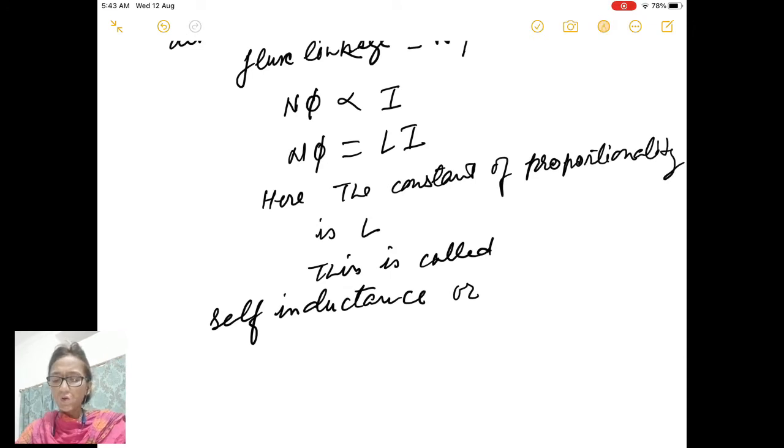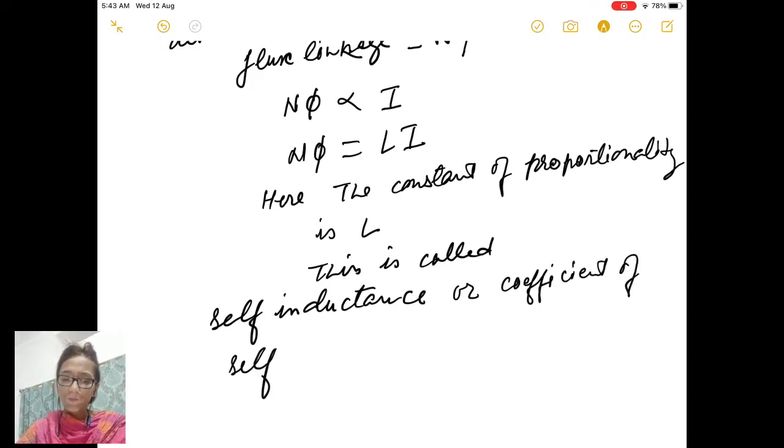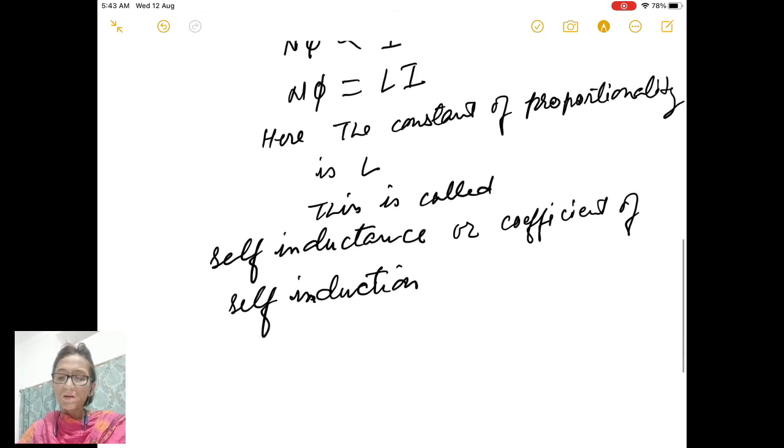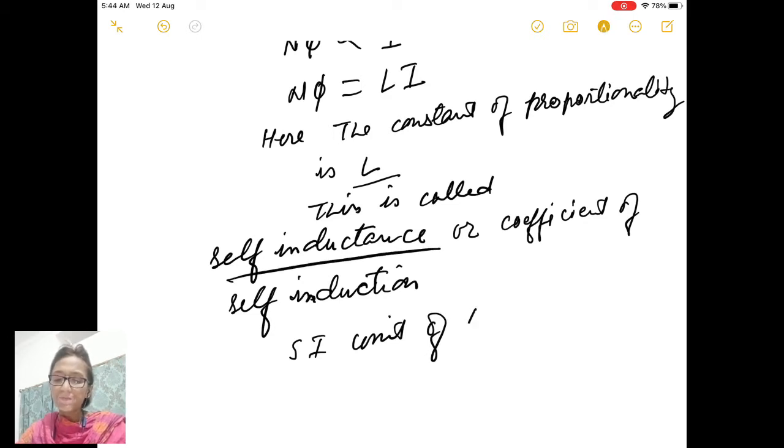Or this is also called the coefficient of self-induction. This self-inductance has the unit Henry. Its SI unit of self-inductance is Henry.